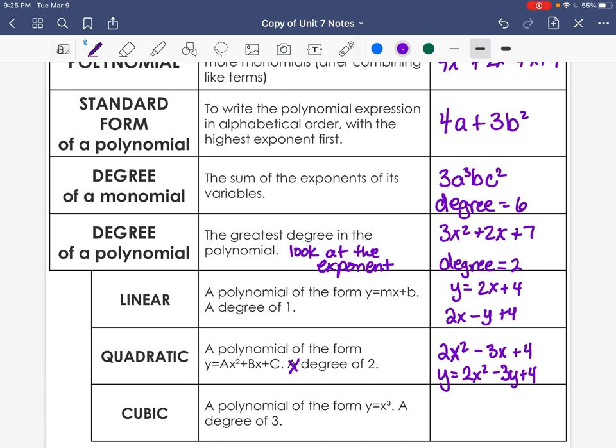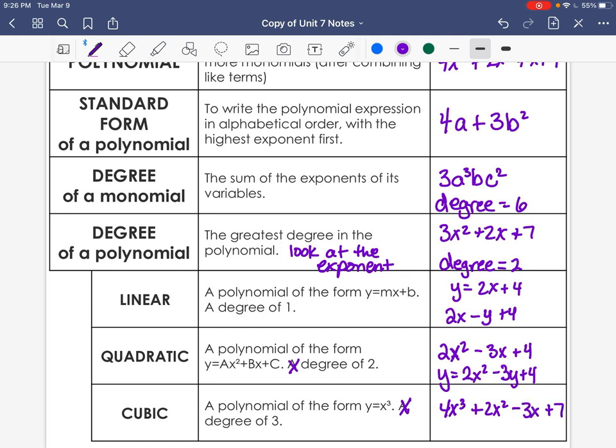And things like that can also be written with the y in front if you're going to graph it. We'll get more into that in Unit 8. And then a cubic is a polynomial in the form of y equals x to the 3, again, x has a degree of 3. So you could have something simple like y equals x to the 3rd power. That's a cubic polynomial. Or you could have something more complex like 4x to the 3rd plus 2x squared minus 3x plus 7.